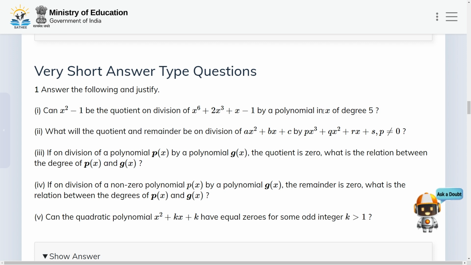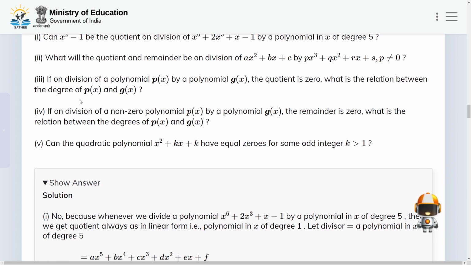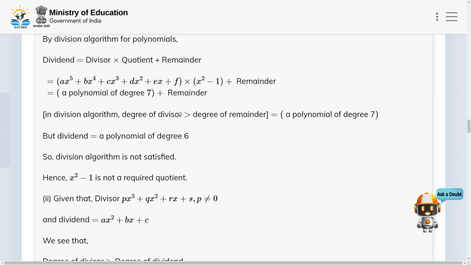Okay, and then in the next one, we ask: what will be the quotient and the remainder on division of ax square plus bx plus c by px cube plus qx square plus rx plus s, where p does not equal 0? Okay, so let us see the solution.